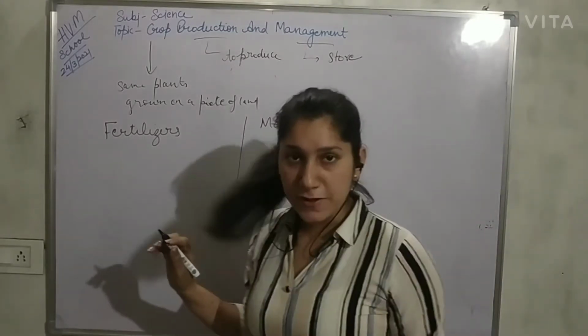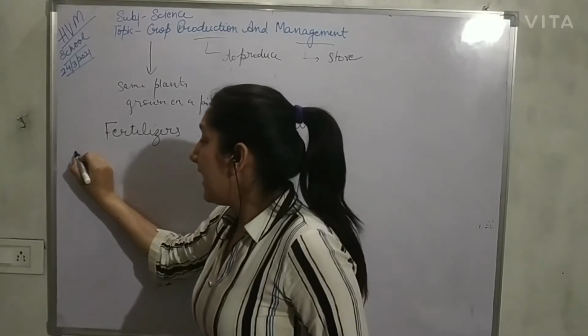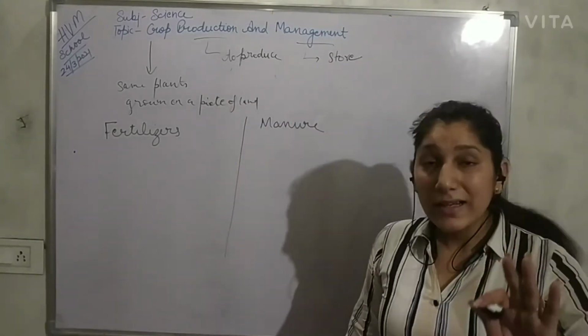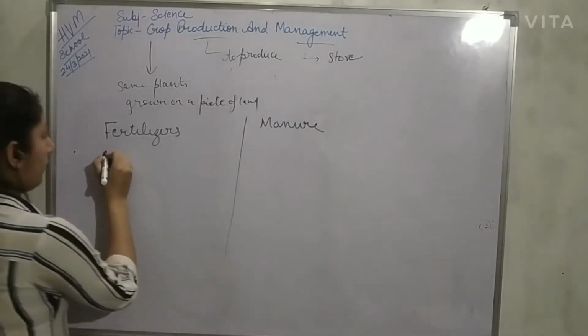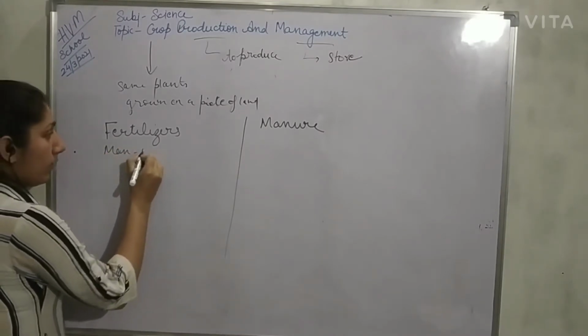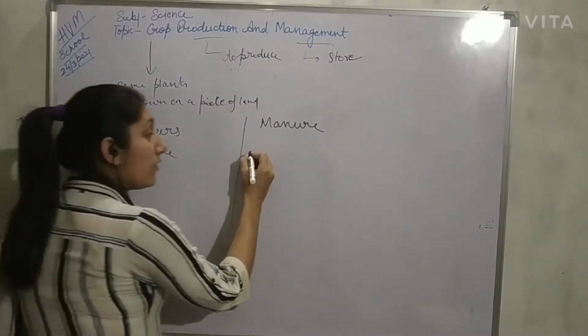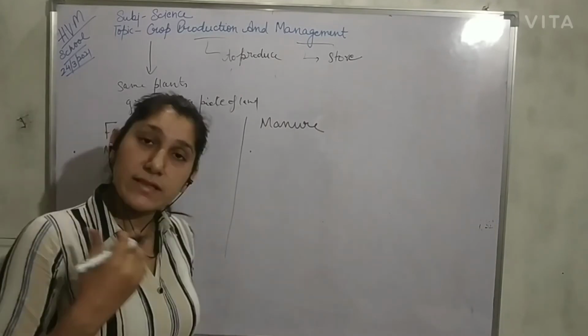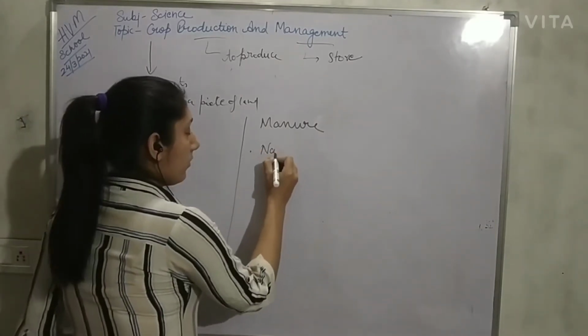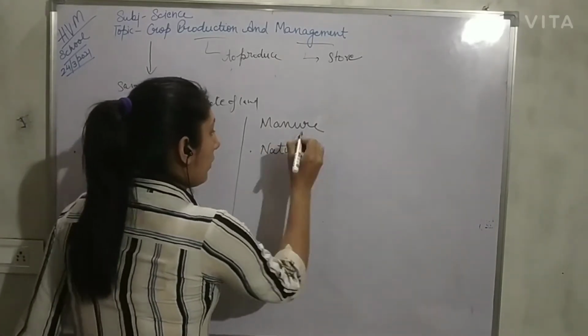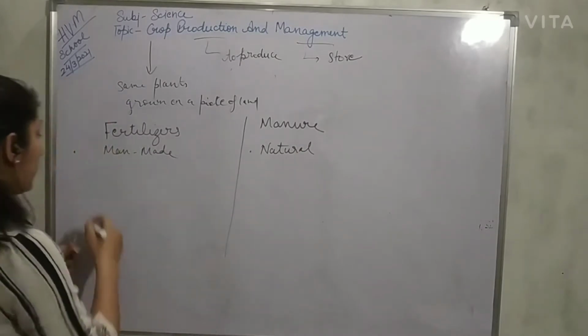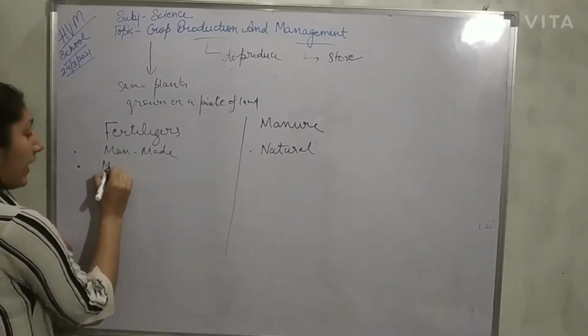But there is a difference between them. Fertilizers, they are not natural, they are man-made. Manure, it is natural. Fertilizers are made in factories.